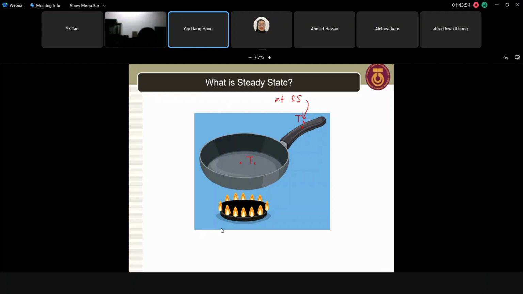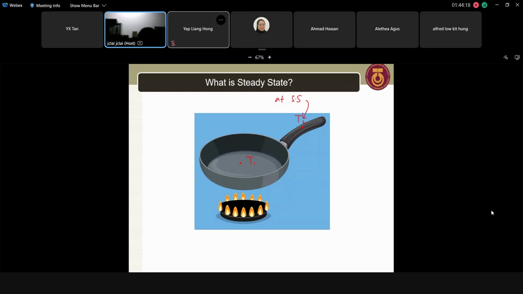T1 and T2 will eventually increase definitely, but until a certain temperature, the temperature gradient will become constant, so they won't change anymore with time. The del T will equal 0, become constant.